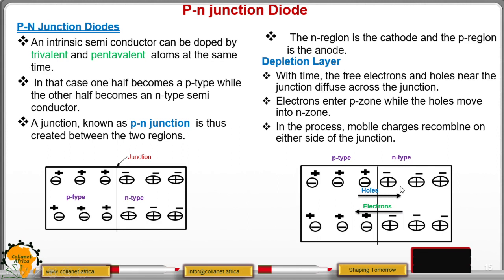The same case, if there was an extra electron here and a hole moving, then the hole and electron will combine to form another fixed ion. So that is what is happening in this diagram. The holes are moving from p-type to n-type, and the electrons are moving from n-type to p-type.